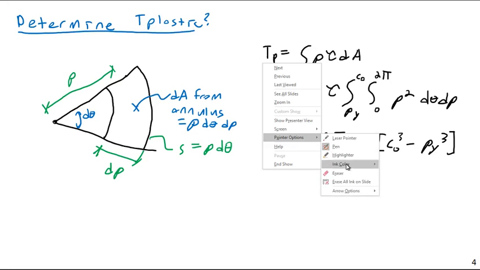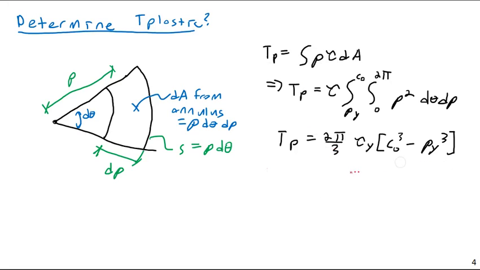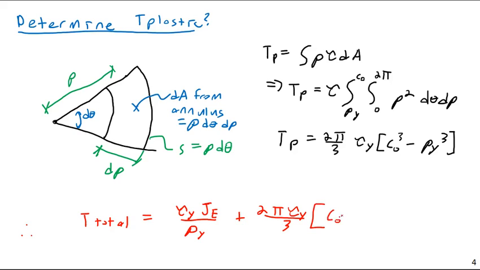And therefore, I can express the total torque for the entire system as T total equals the elastic portion, which will simply be tau yield JE over rho y, plus 2 pi tau yield over 3 times C outer to the third.